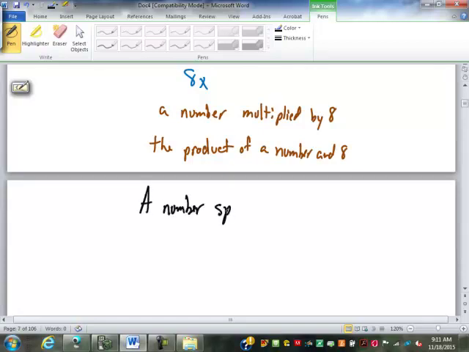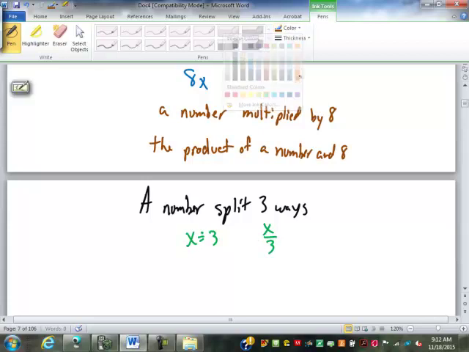A number split 3 ways. How's that going to be expressed? X divided by 3 or x over 3. Both of those would represent x divided by 3. And again, there's a lot of other ways we could express x divided by 3. We could actually say a number divided by 3.